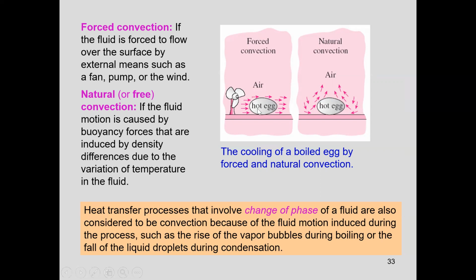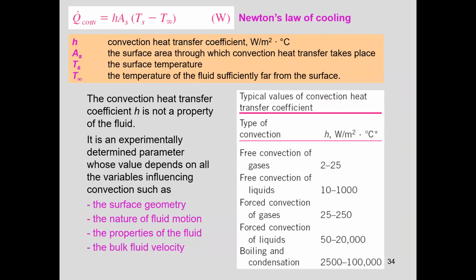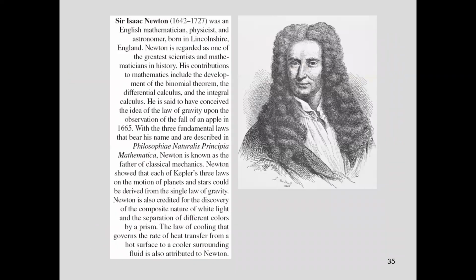I'm afraid this is not in your course, so you don't need to know much about this. But definitely it's worth knowing Newton's law of cooling. And of course, we all know about Sir Isaac Newton, who is an English mathematician, physicist, astronomer.